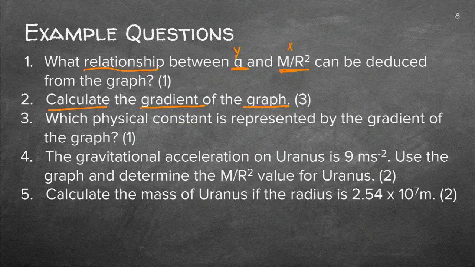Thirdly, which physical constant is represented by the gradient? Fourthly, if the gravitational acceleration on Uranus, which is another planet, is 9, so it's not the same as Earth, which is 9.8, use the graph and determine that value. And finally, determine the mass of Uranus if it's got a radius of that.